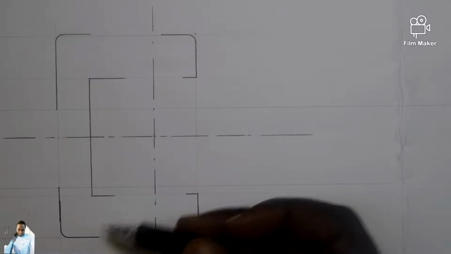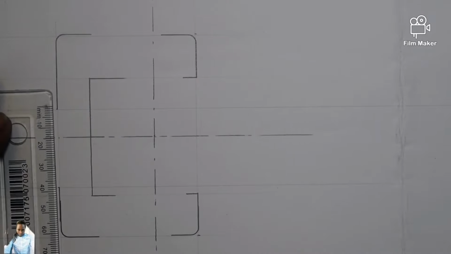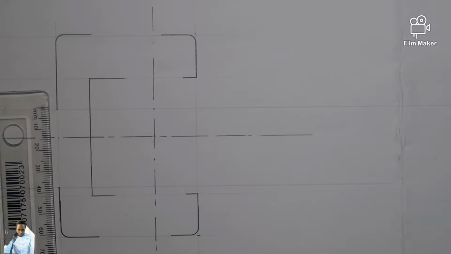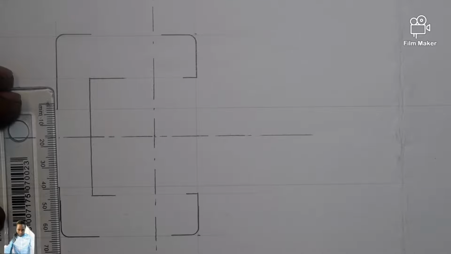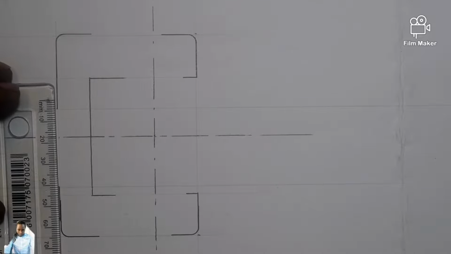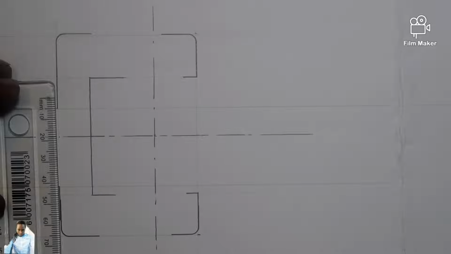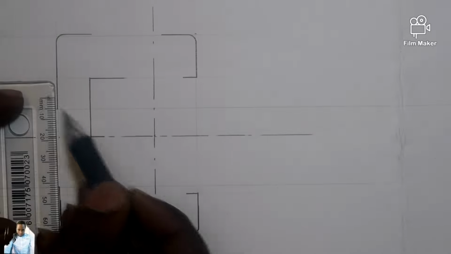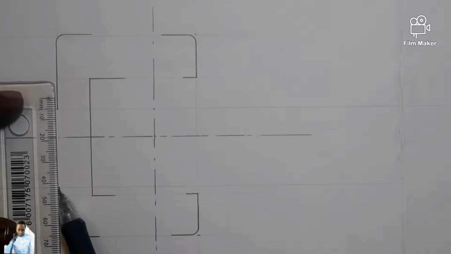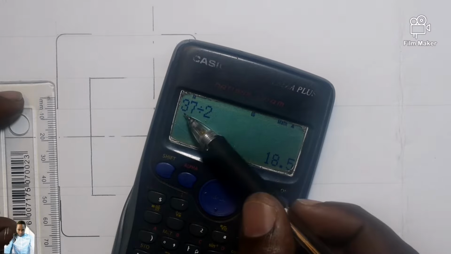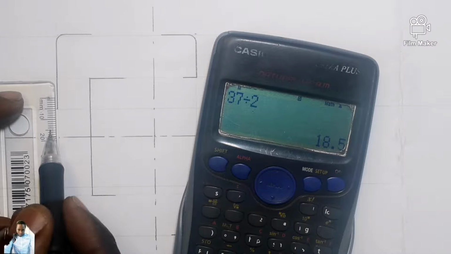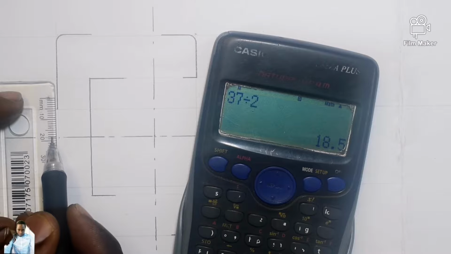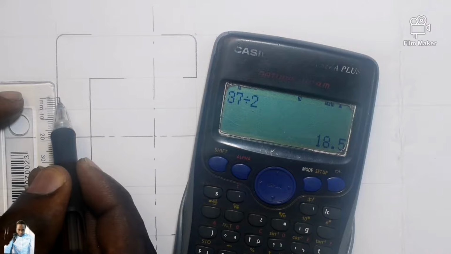Once it gets here, let me see. How did I get it? They said 18. Let me double check. 15, 16, 17, 18.5. So I can see, this distance from here till here is not the same as from here till here. So it's 37.5 divided by 2, we are getting 18.5 millimeter. This is 15, 16, 17, 18.5. So it's here, my brother.